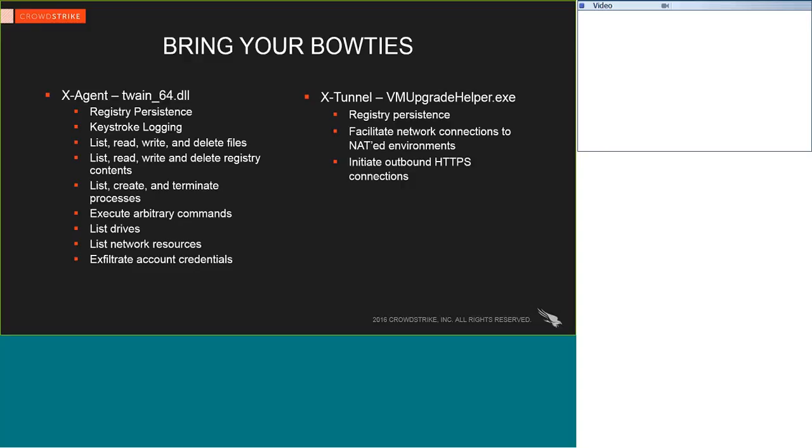We also have XTunnel, which provides Fancy Bear the ability to communicate with infected hosts behind an added gateway, thus bridging the gap that firewalls are typically meant to impose. XTunnel maintains its persistence via the registry, just like XAgent, and enables Fancy Bear the ability to communicate over an encrypted channel as well.